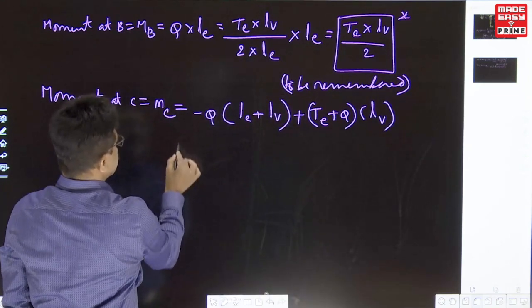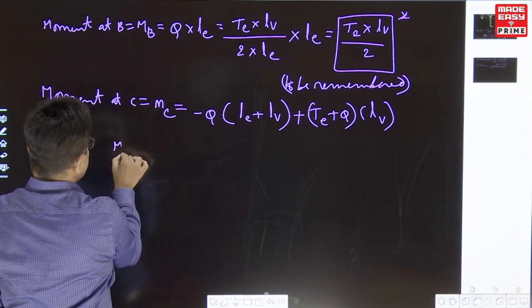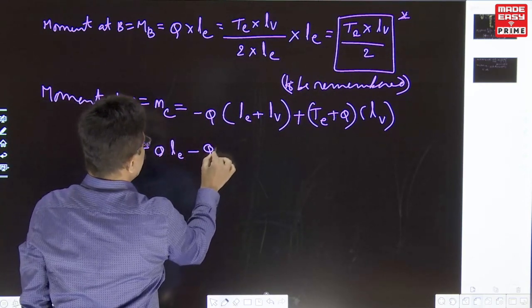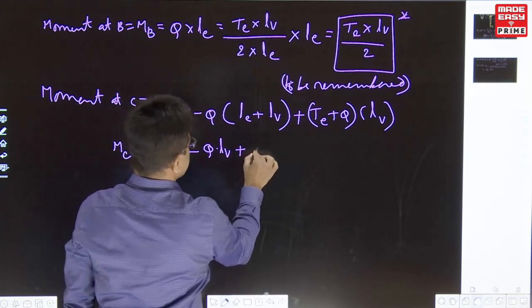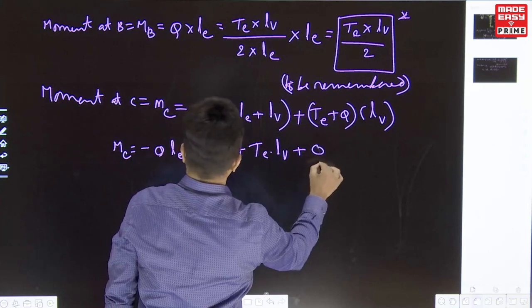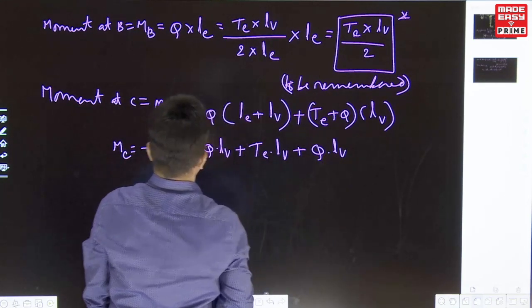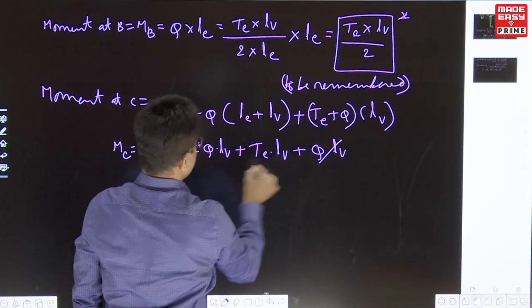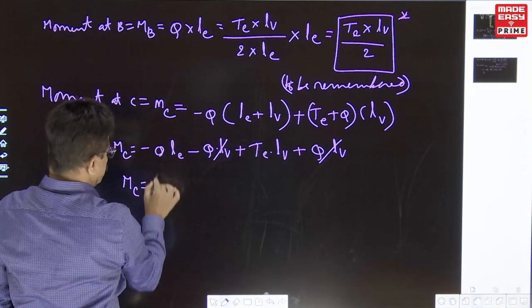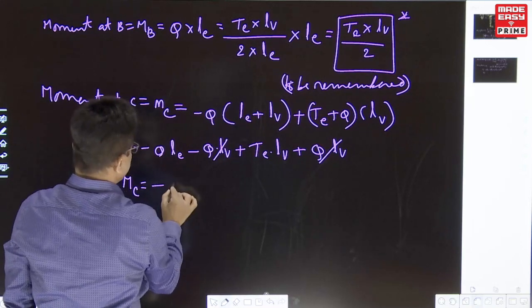This is the bending moment at C. So you will get moment at C equal to minus Q into Le minus Q into Lv plus Te into Lv plus Q into Lv. So Q into Lv cancels out. So for moment at C, I can write the value of Q minus.